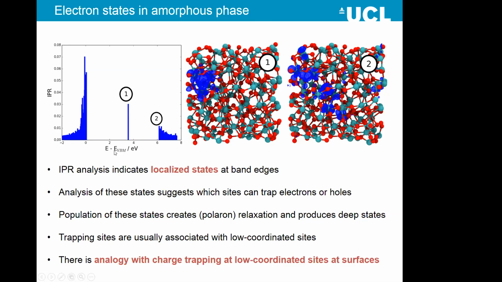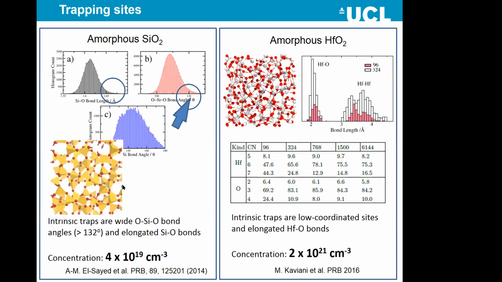And these states are those where electrons can tunnel in, for example if the states are not fully occupied, or can tunnel out. The examples of wave functions or electron densities of these types of states are shown on the right here. You can see these very strongly localized states which we find, for example, in hafnia. A couple of examples are shown in these figures.